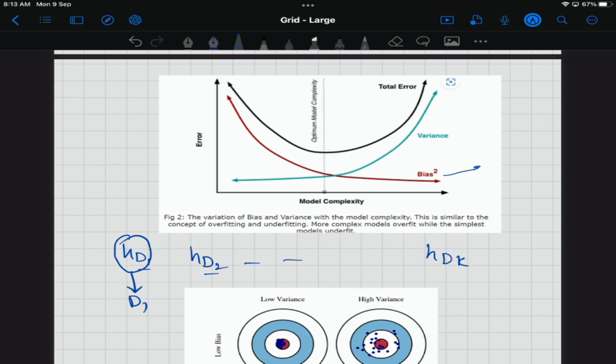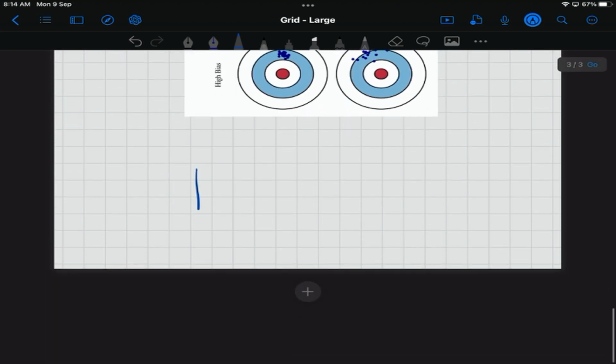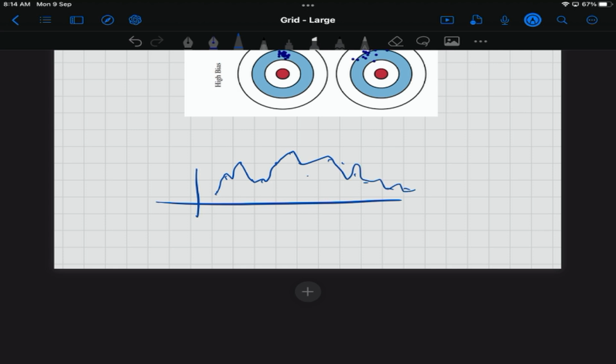When you start to increase your model complexity or the number of parameters, it means that you will try to fit your training data so well. You have observed in this scenario, right, where you have some data points distributed like this, and you will try to fit a function which will have training error almost 0.